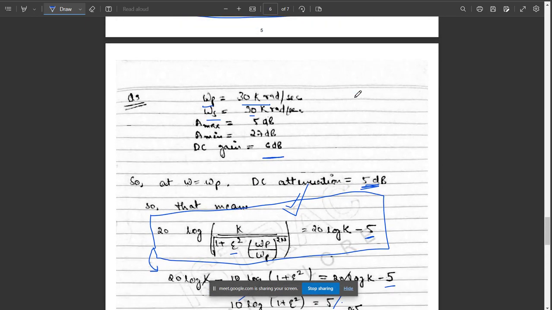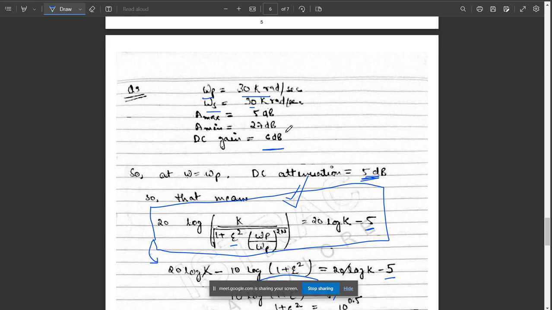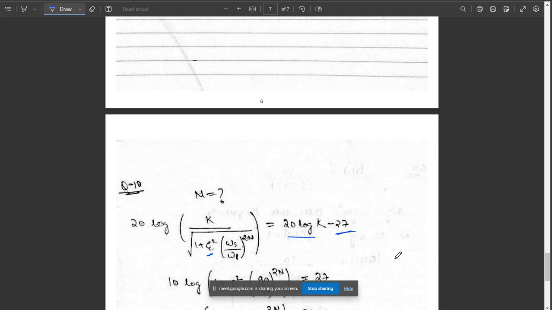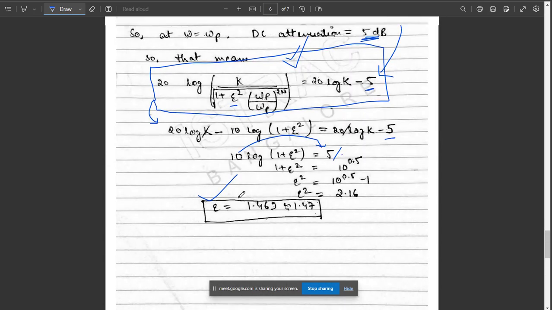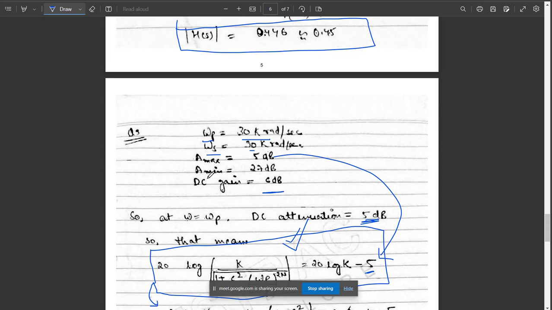That is a min we have put here. So this was a max, not the DC gain, this is a max.